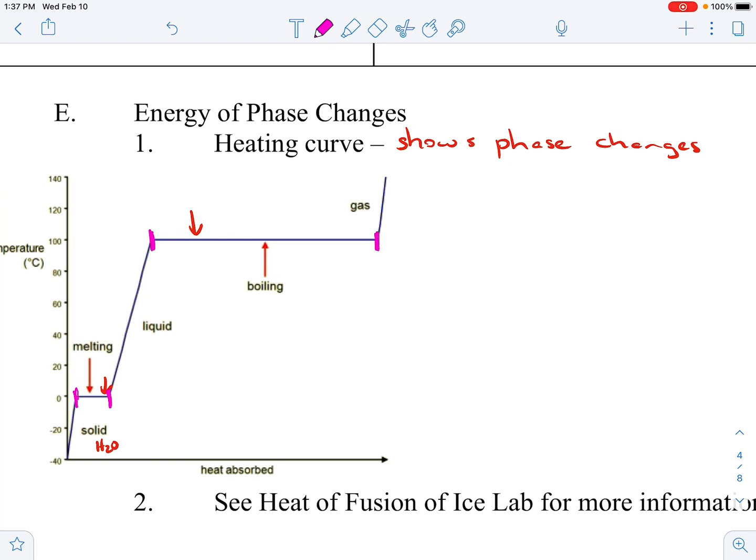I would like to know, why is that? Why do you suppose that it takes very little energy, because we have to keep adding energy for this to happen, from a solid to a liquid versus a liquid to a gas? And this is true for all substances, not just water. So take a second, come up with an idea.